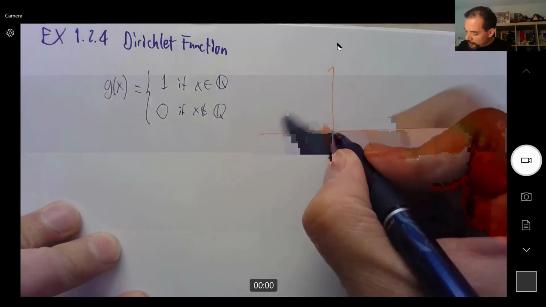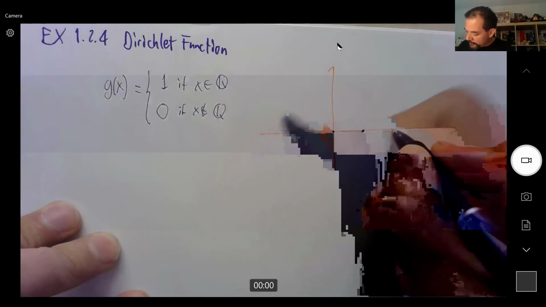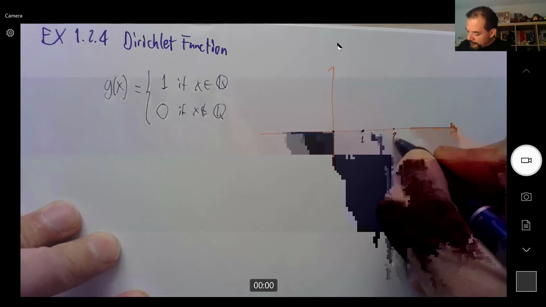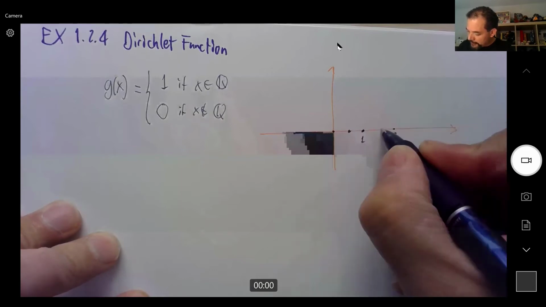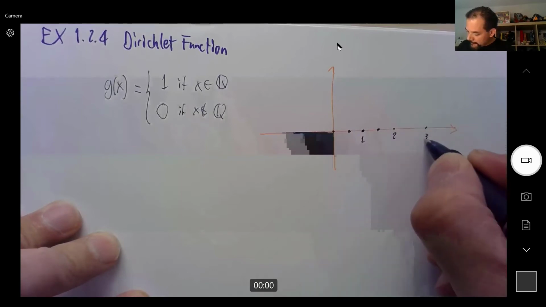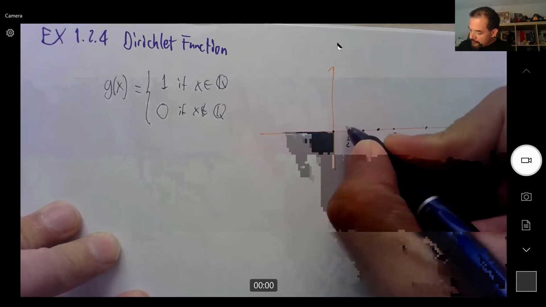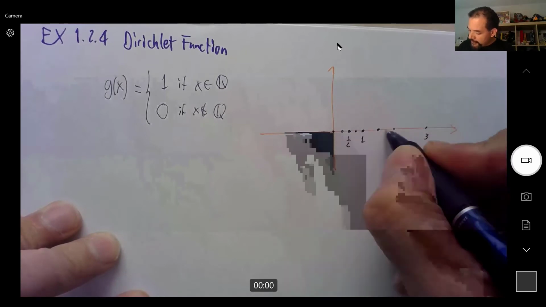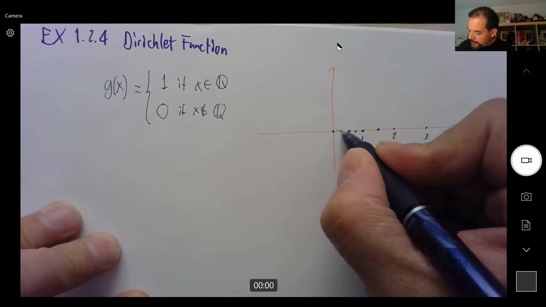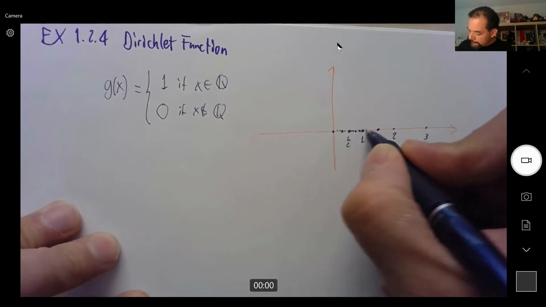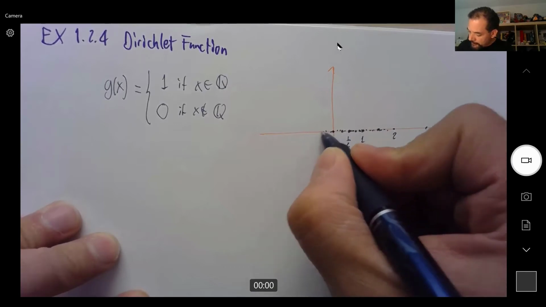So f of 0 would be 0, f of 1 would be 0, f of 2 would be 0. If you do 1/2, it would be 0. Right, this is 1/2. If you do 1/3 and 2/3, it would be 0, etc. So there's going to be a bunch of zeros here. Negative numbers as well, right?